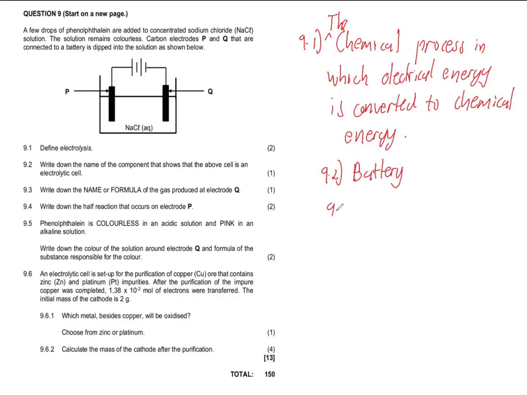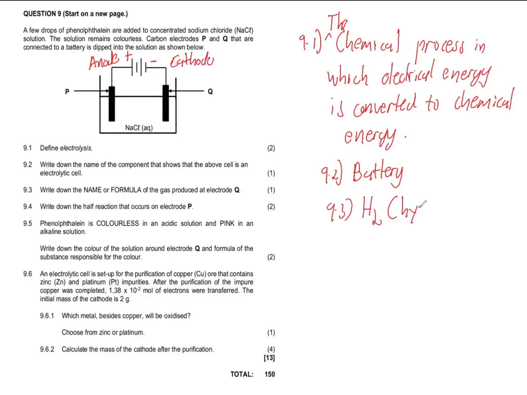Then they say, write down the name or formula of the gas produced at electrode Q. So this is positive and this is negative. Remember, negative is the cathode and positive is the anode, right? At the cathode, we always have hydrogen gas being released, H2.